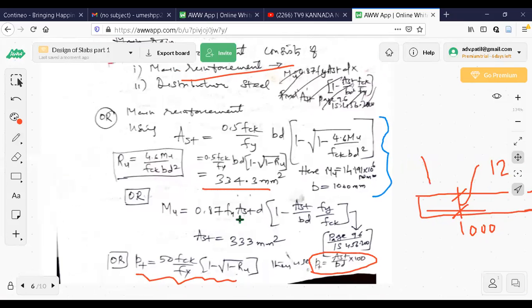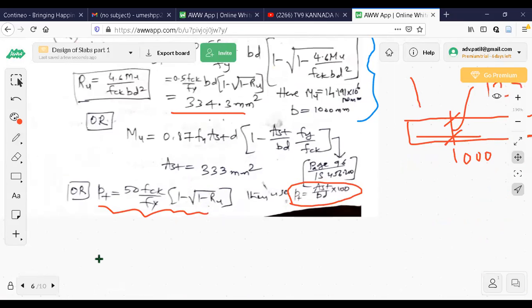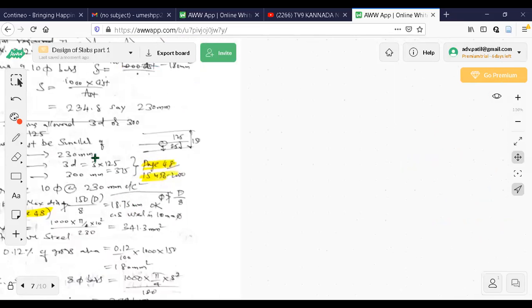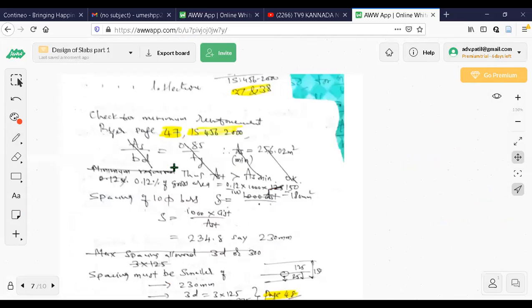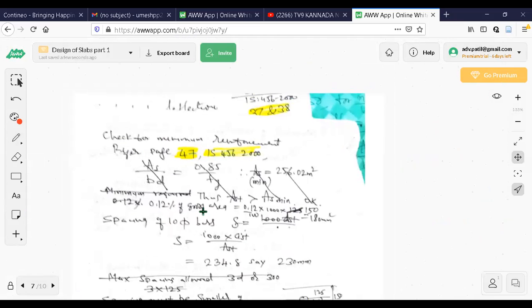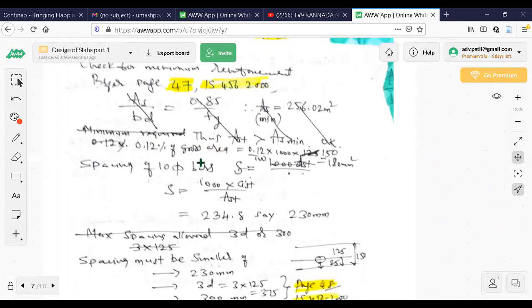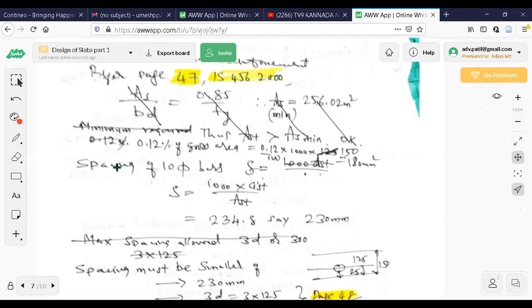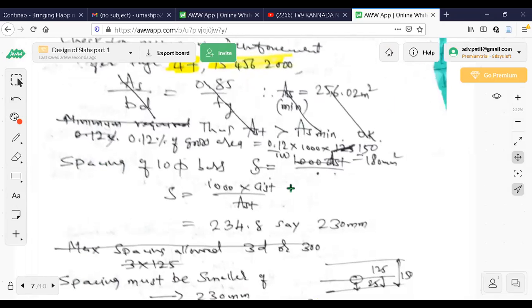So this is calculated like this by different methods. Once this is calculated, you should check for minimum reinforcement. Whatever minimum steel has to be there in the slabs, that formula I should use. So I am going to use 0.12% of gross area. It is a new term now for you for slabs.